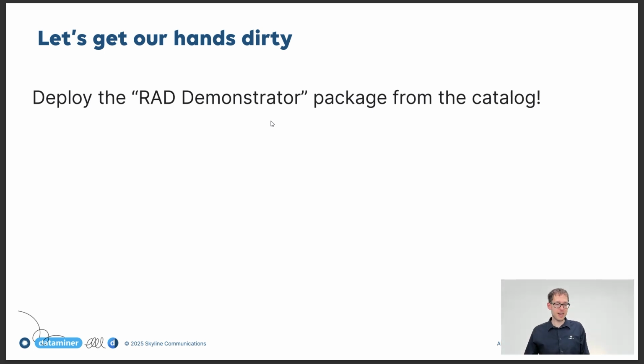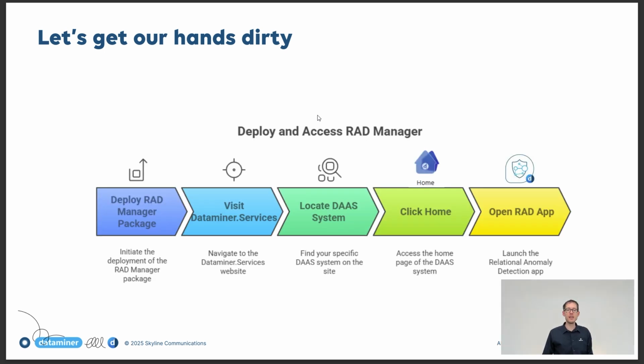A second thing that you would need to do is deploy and access the ROD manager. This is another catalog package, right? And this package is used to configure the relational anomaly detection groups, the ROD groups. You will need this anytime you use our newest ROD functionality, so this is not specific to this tutorial.